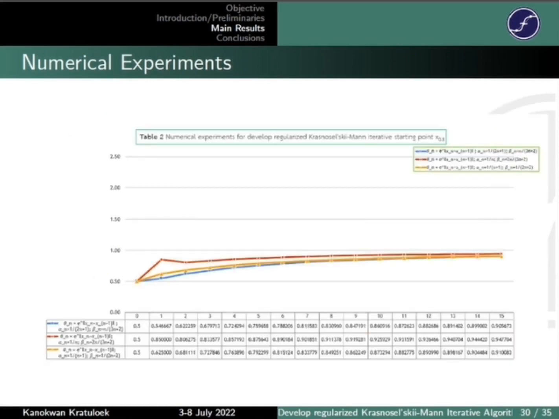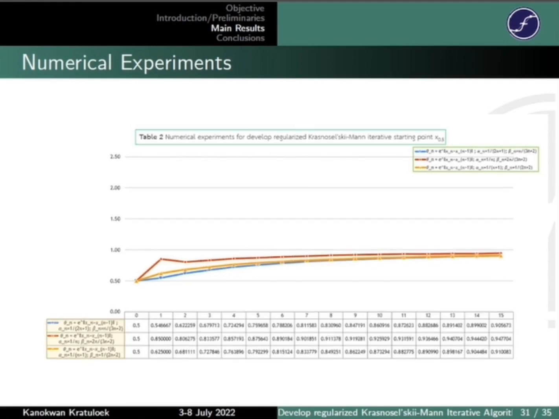By analyzing the result in Table 2. Table 2 is a numerical experiment for developed regularized Krasnosel'skii-Mann iterations with starting point x0 equal to 0.5. Note that the developed regularized Krasnosel'skii-Mann iterations converge very slowly in comparison with the simple Krasnosel'skii iterations.